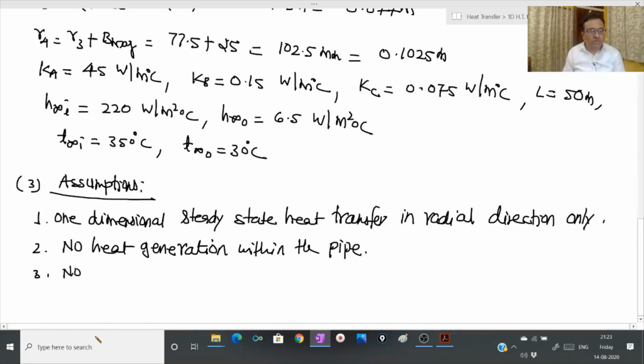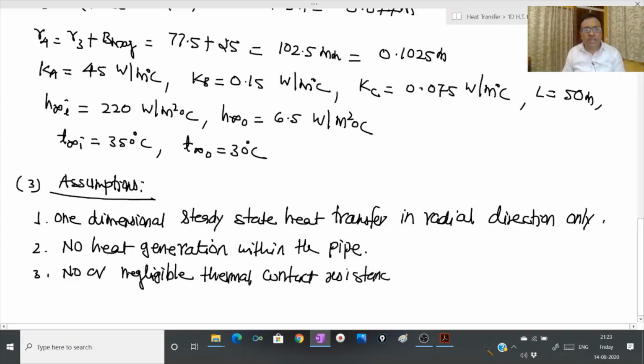So assumption number 3 will be no or negligible thermal contact resistance. This is a very important assumption. Whenever composite structure is coming into picture, please take care about the thermal contact resistance, whether its value is given or not.